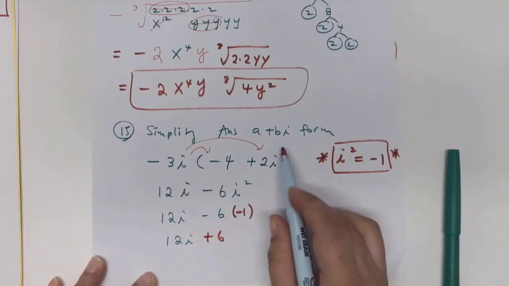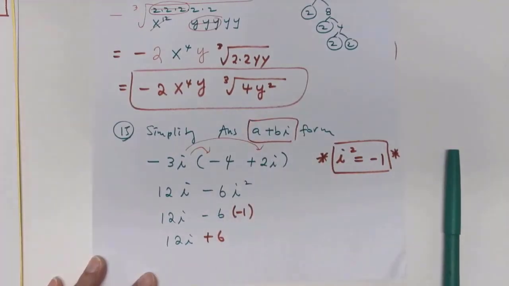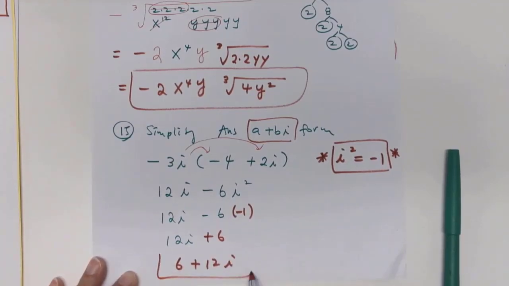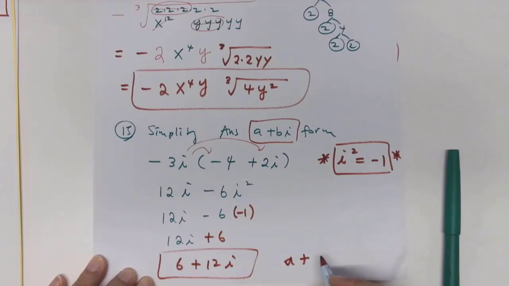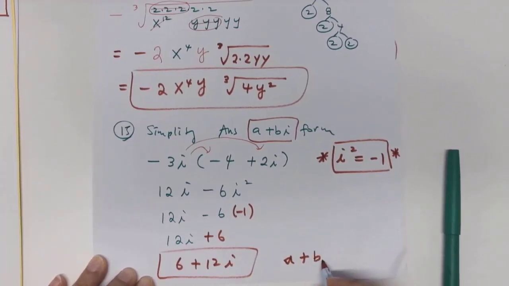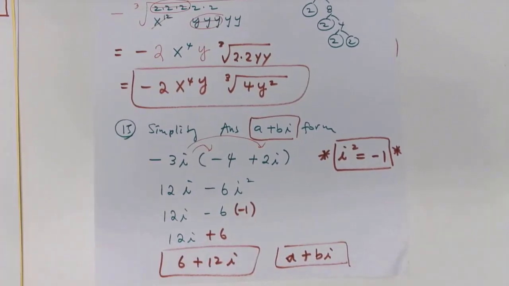And they want it to be in a plus bi form, so I need to change the order, right? So can I put 6 plus 12i? Because it needs to be in a plus bi form. Is it okay? It's just multiplication, but you do need to know i squared equals negative 1. Are we okay with that?